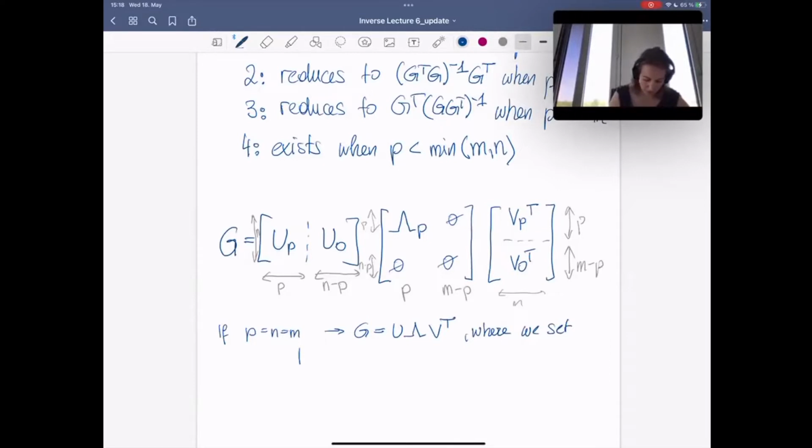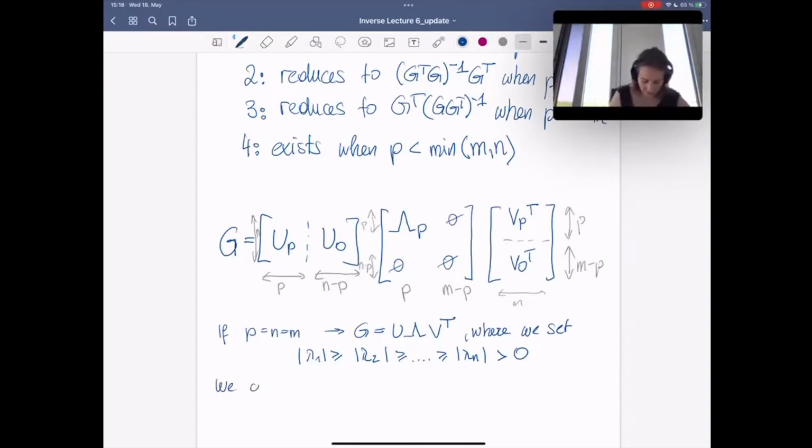So the absolute value of lambda 1 is larger or equal to the absolute value of lambda 2, and so on, larger or equal to lambda n, larger than 0, which means the inverse of G exists.